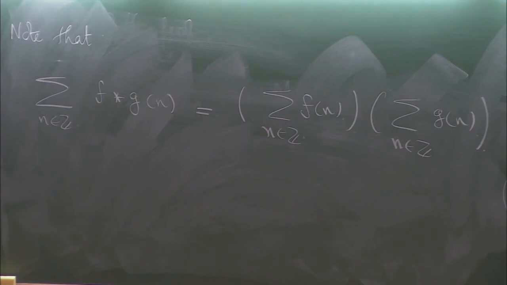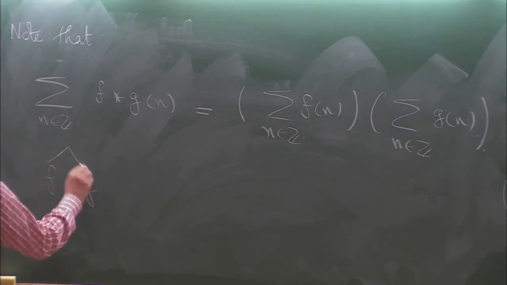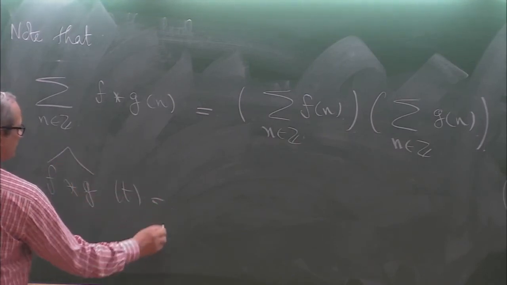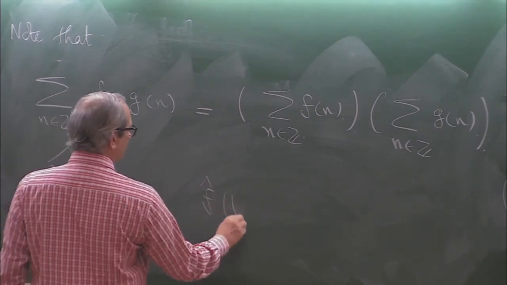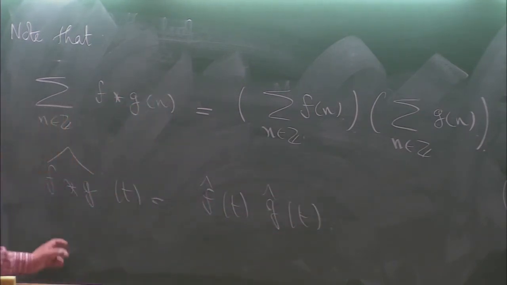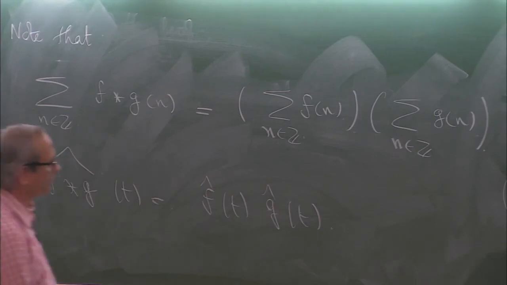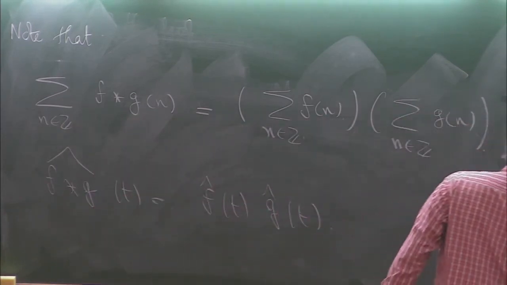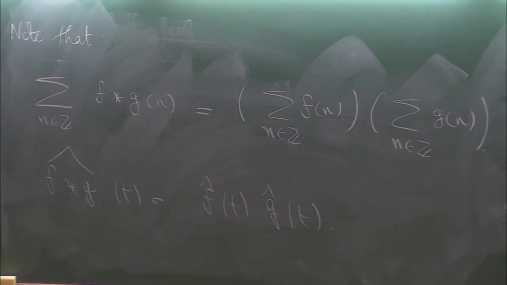Also we check that the Fourier transform of f convolution g at t is the product of the Fourier transform of f and that of g. This is also to be noted. Finally, one considers the Plancherel theorem, which follows from the fact that exponentials are orthogonal.